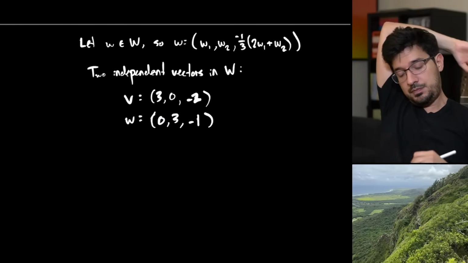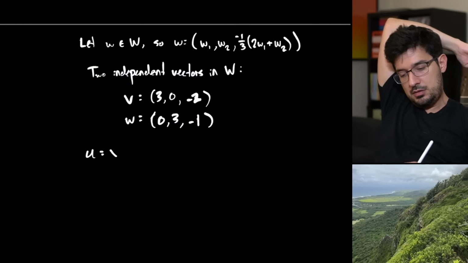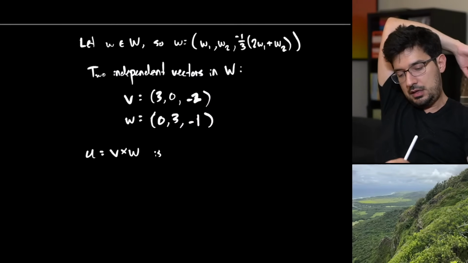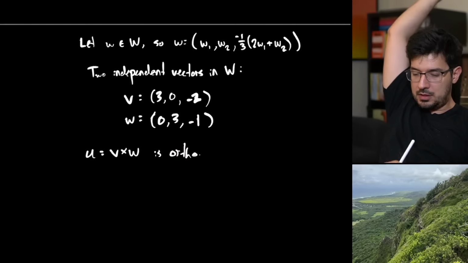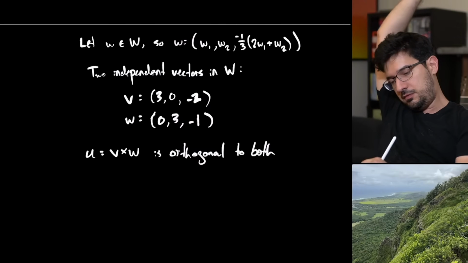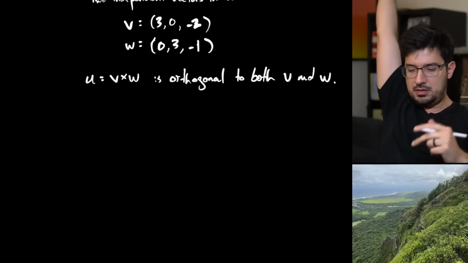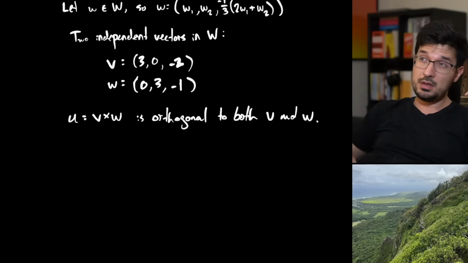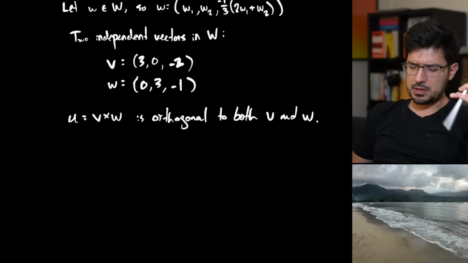But U, being the cross product, is orthogonal to both V and W. This is a fact about the cross product that we learned in chapter 1.